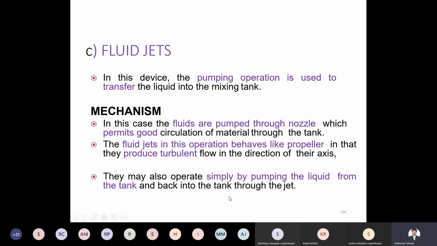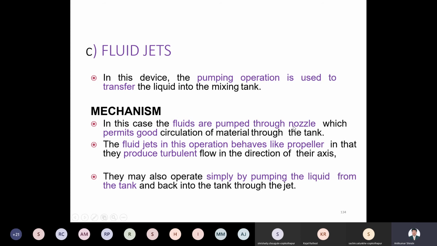The liquid passes through the pumps from one tank to another, and in between an orifice nozzle is attached. Passing the liquid through that nozzle creates force, and with that force mixing is possible.